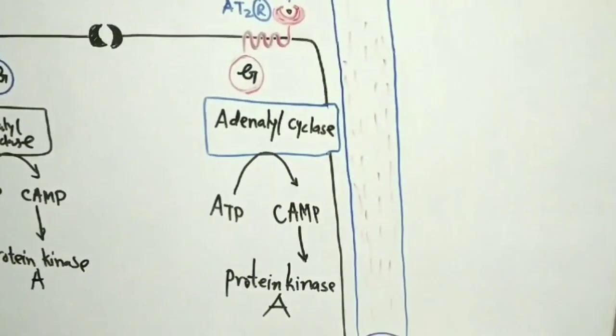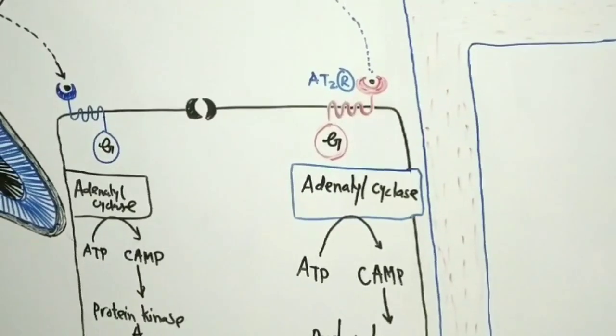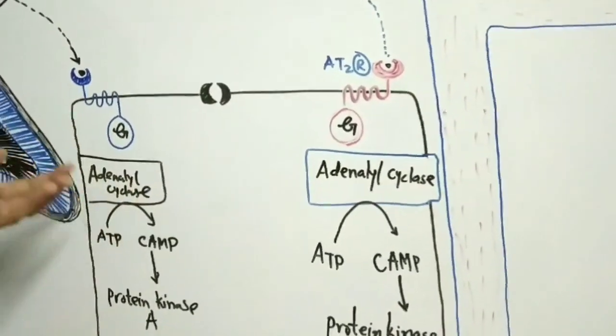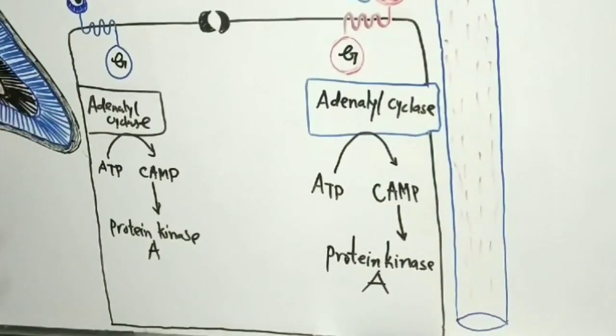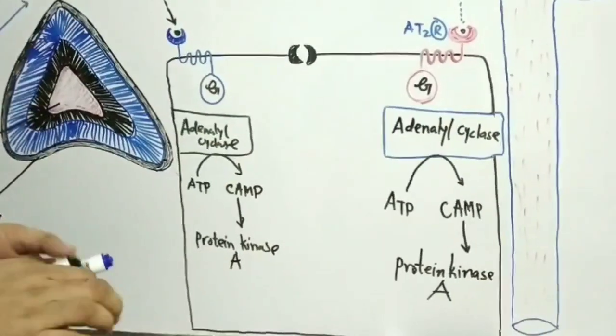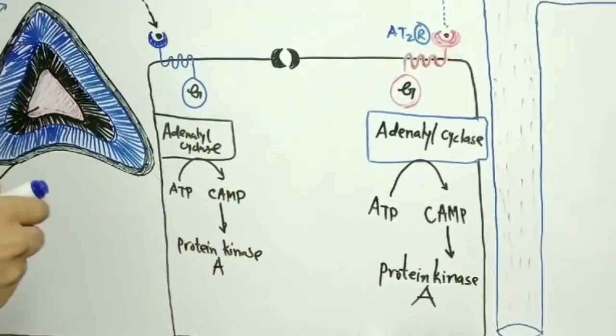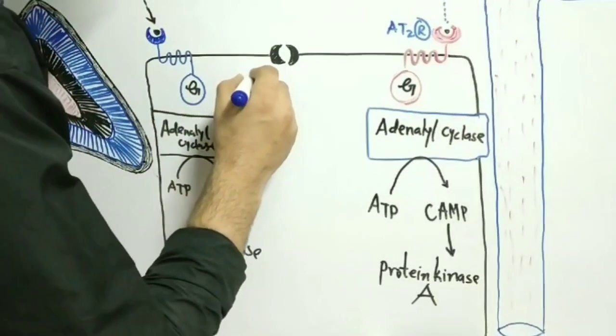I have already told you that the steroid hormones are synthesized from cholesterol. Now the cholesterol should be present in the cell. Suppose here is the cholesterol.